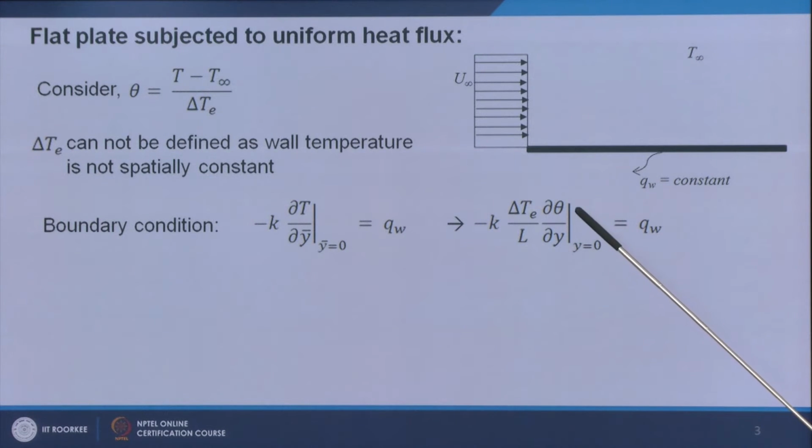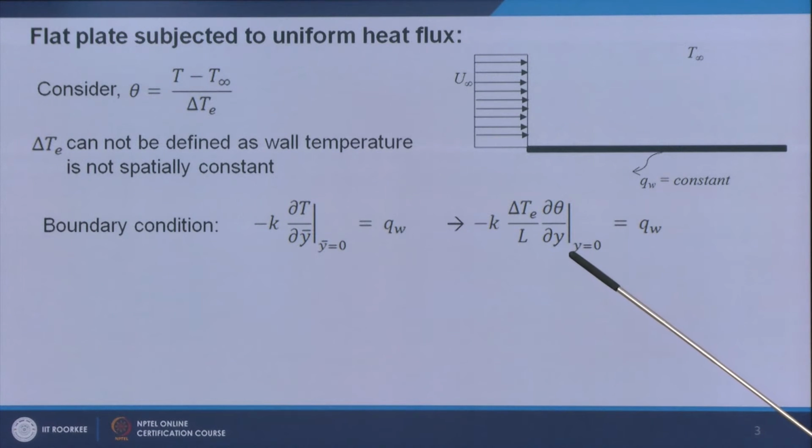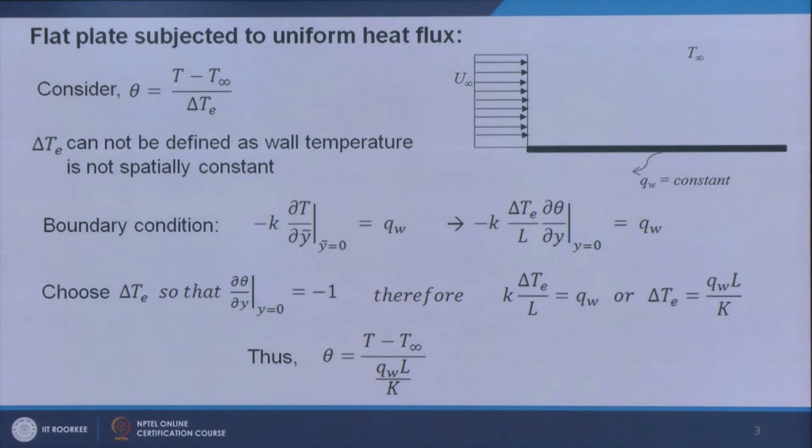If we non-dimensionalize theta and Y in this fashion, Y bar has been replaced by Y, because in the previous lecture we considered Y bar by L. So from here you see this became a very complicated boundary condition. We can reduce this boundary condition to a simplified form. If we can shed this part, we can simply write del theta by del Y equals some constant, which will be convenient for us.